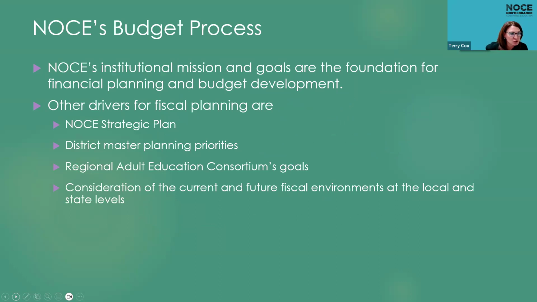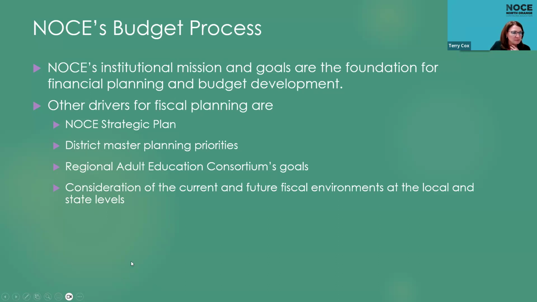And then we also do consider our NOCE strategic plan, that's what helps us establish our goals. The district master planning priorities. We have a huge grant, the regional adult education consortium goals, and then other considerations at the local and state levels.